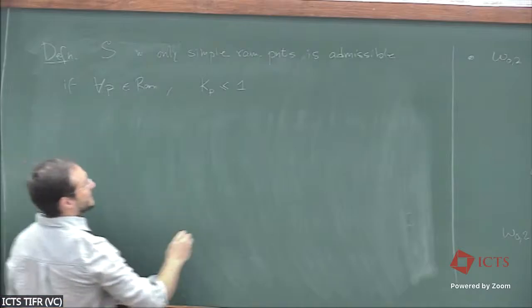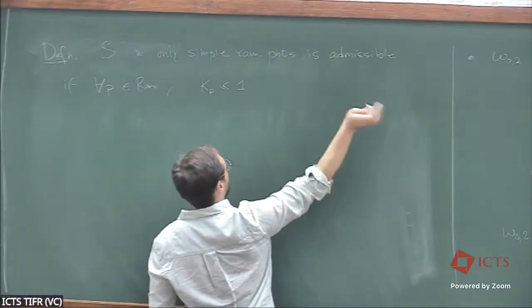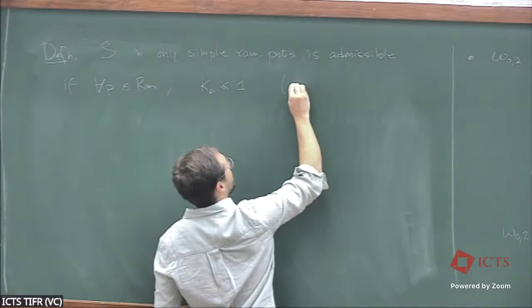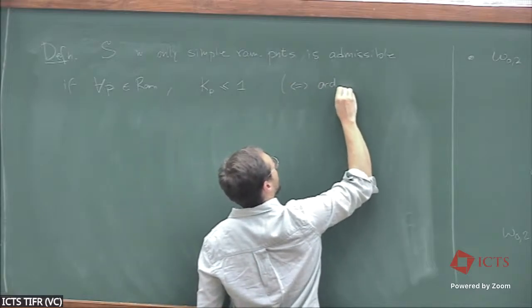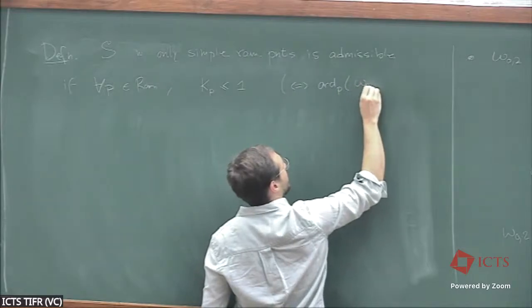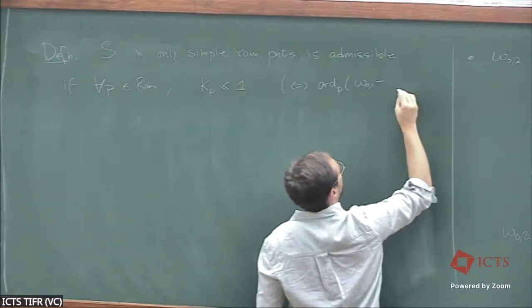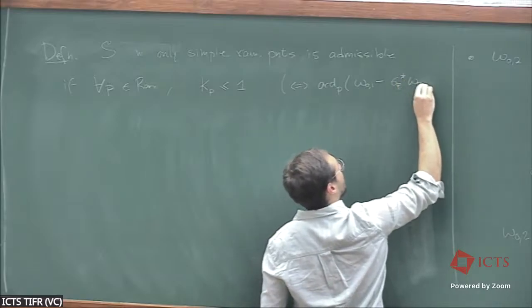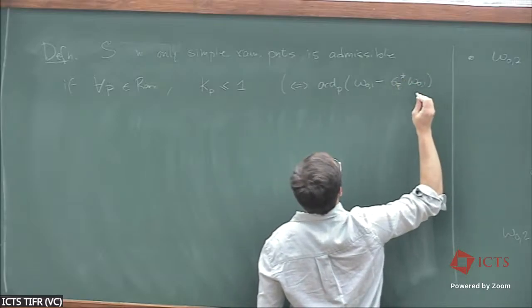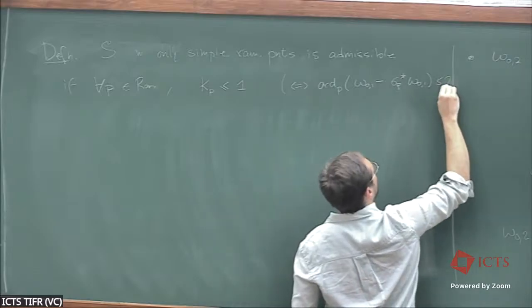Okay, and this is just because of the way I set up the notation. So this is equivalent to saying that the order of vanishing at P of this expression, essentially the pullback of omega 0,1, is less or equal to 2. Okay.